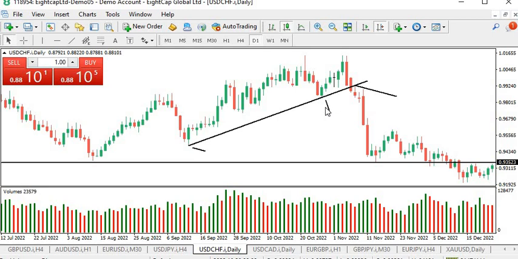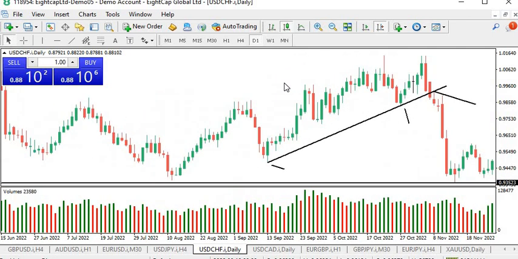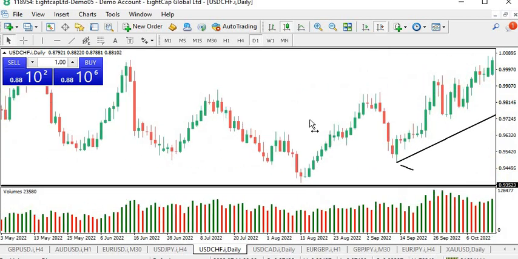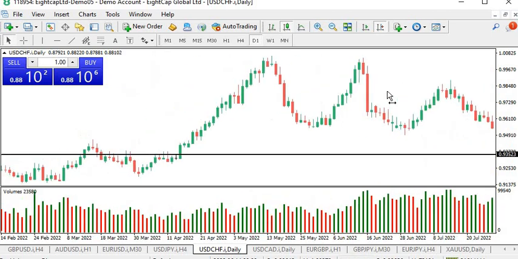So it is important to wait for the third touch and wait for a catalyst, a candlestick that will turn the market on the third touch. So there are lots of examples.